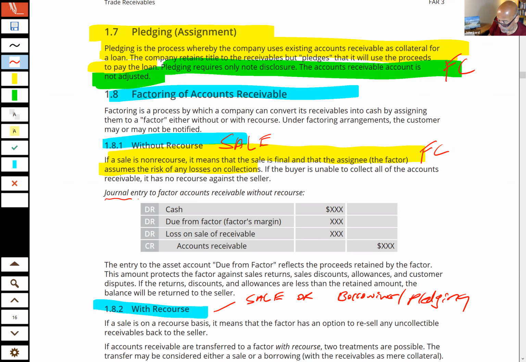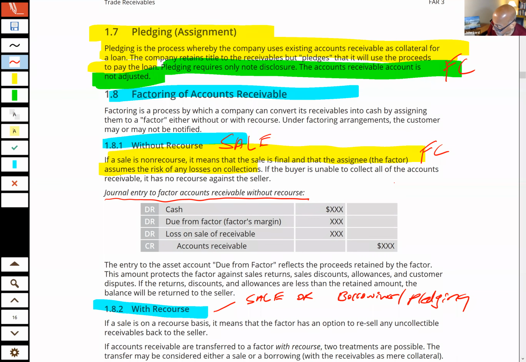And let's just go ahead and take a look. They give us this journal entry without recourse. And it's also a journal entry without what? Numbers. So I'm going to go ahead and put some numbers on this because I like numbers on my journal entries. Okay. So what happens?